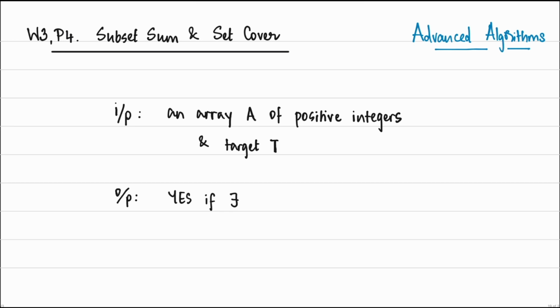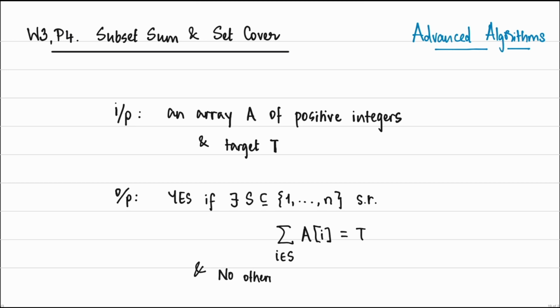Okay, so I'm going to say there is a subset of indices such that if I were to sum just the elements corresponding to these indices, I get T. So if that happens to work out, then the output is yes, otherwise it's no. All right.